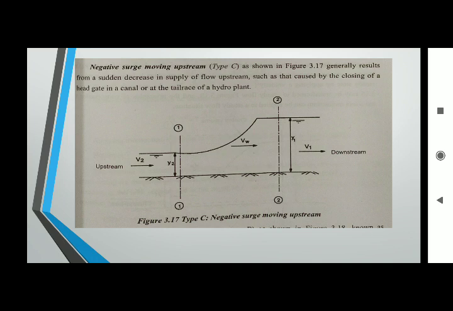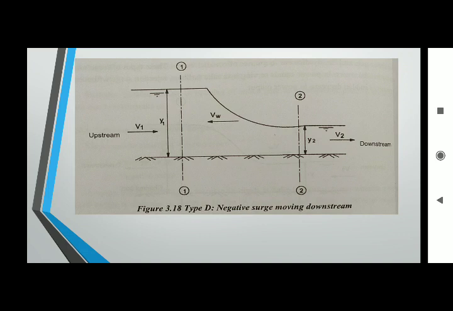Here section 2 is the river, section 1 is the sluice gate. If the sluice gate is suddenly closed, then its depth reduces suddenly. This is called negative surge. Like that, this is another case of negative surge, which happens in sudden opening of water. In the dam, section 1 is the dam, section 2 is the sluice gate.